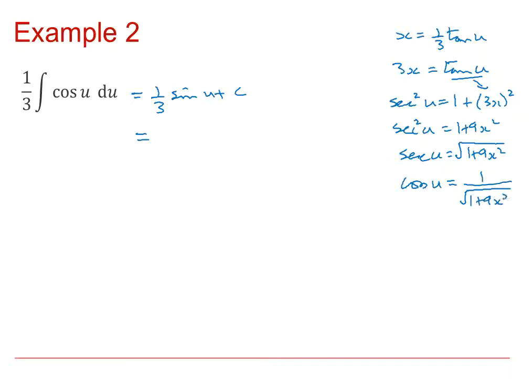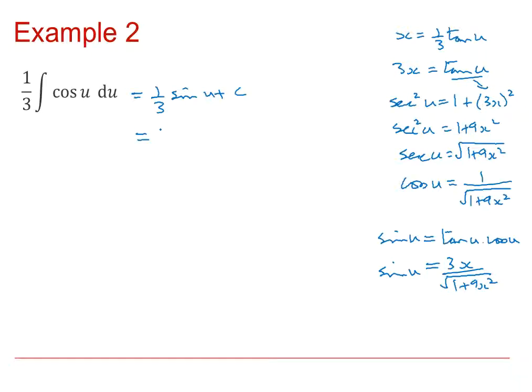So there's a lot of effort needed here to be able to substitute back for x. We know that sine u, which is ultimately what I'm looking for, is tan u times cos u. So sine u is tan u, which is 3x, and cos u, which is 1 over the square root of 1 plus 9x squared. So finally we have something that we can substitute for sine u.